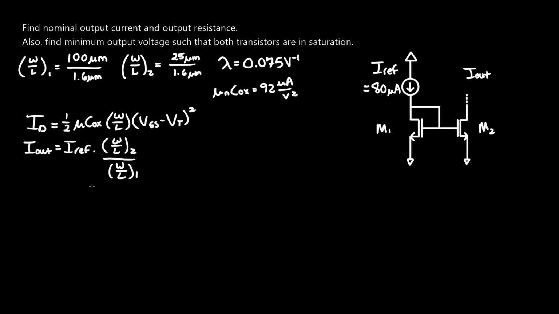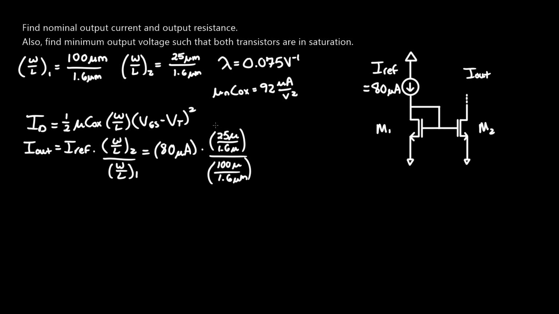We're also neglecting any short channel effects, which ends up giving us I ref, which is 80 microamps, times W over L2, which is 25 micrometers over 1.6 micrometers, over 100 micrometers over 1.6 micrometers.